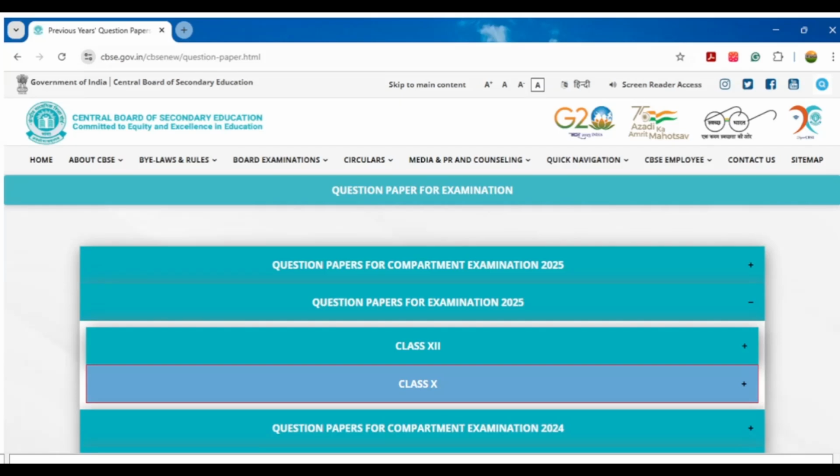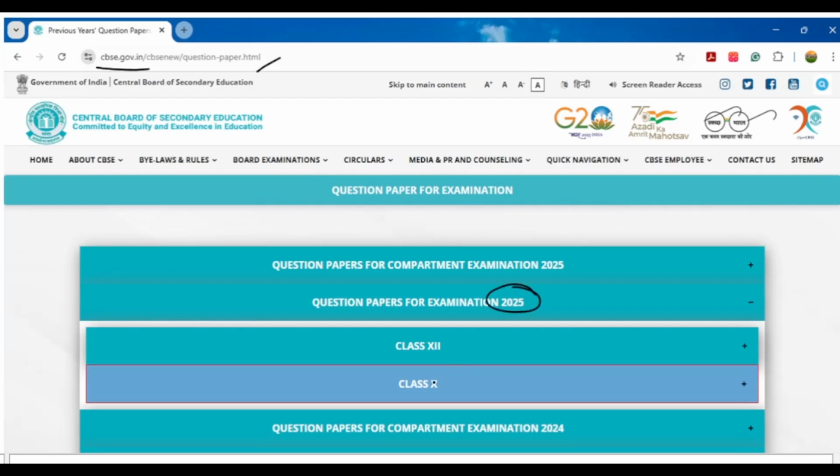So today we'll solve section C of the previous question set 43011. I have downloaded the question paper from CBSE's official website, cbse.gov.in/cbse new.question-paper.html. This is the link here.